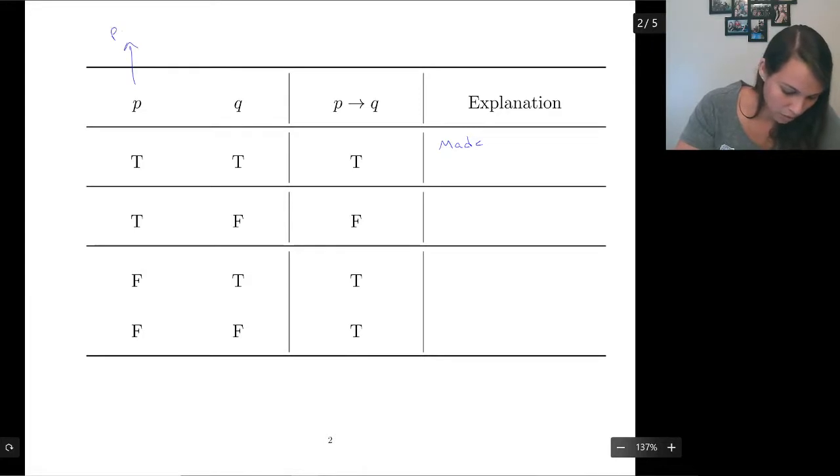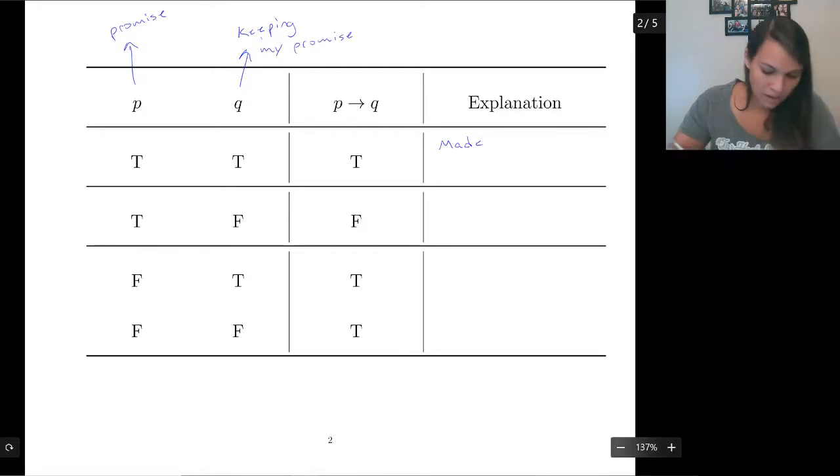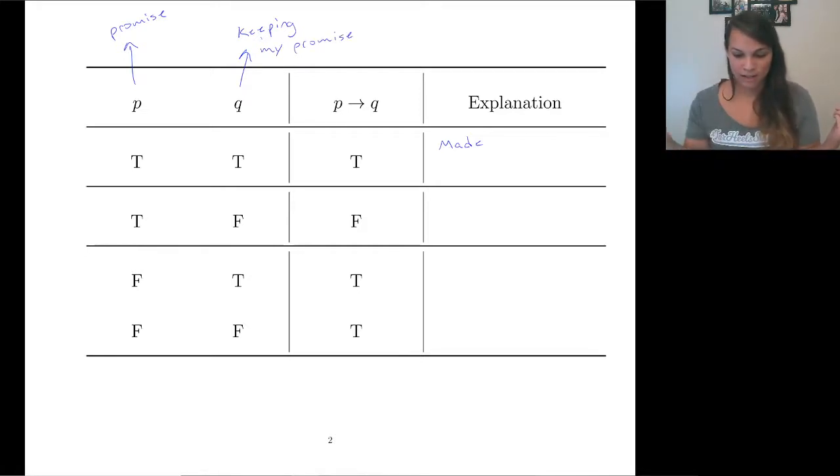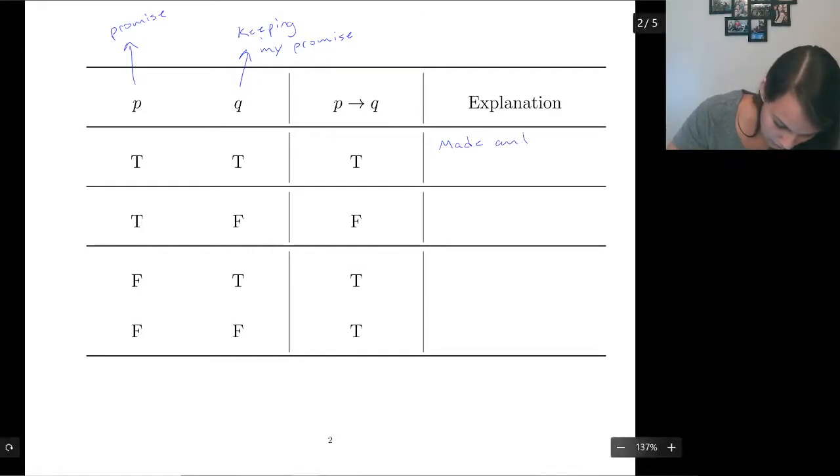So P is my promise, and Q would be keeping my promise. So if I make the promise, that would be true, and then I keep the promise, that's true. Then I made and kept the promise. So one might say that I told the truth.